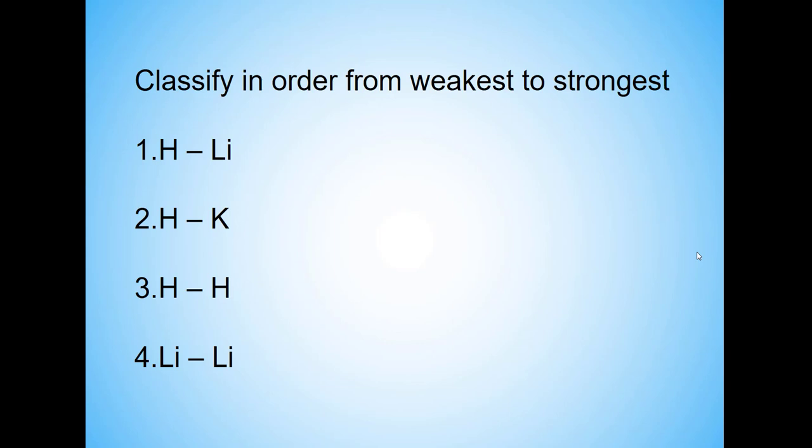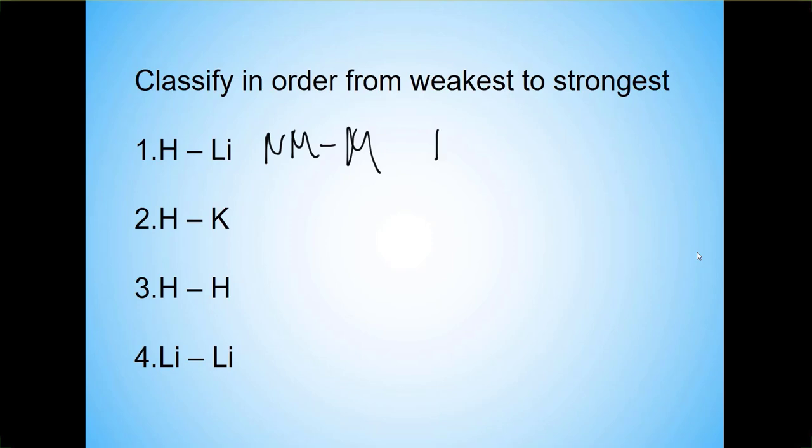Let's look at this example here on this slide, and I want you to stop the video and try this out for yourself, and then you can start it to see if you're right. Okay, again, we're going to go through and identify if they are ionic or covalent or metallic. And so let's start at the top. I have a nonmetal, which is hydrogen. Even though hydrogen is hanging out above the alkali metals, it is a nonmetal. So don't forget that. So we have a nonmetal and a metal.